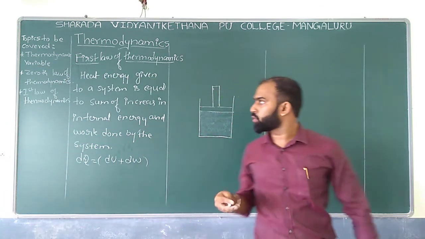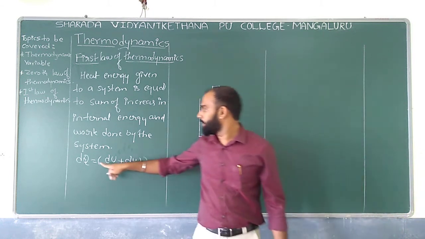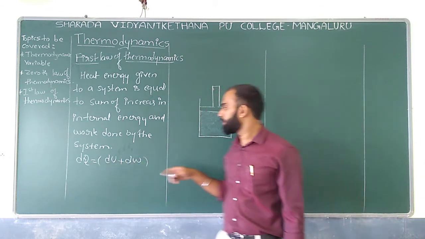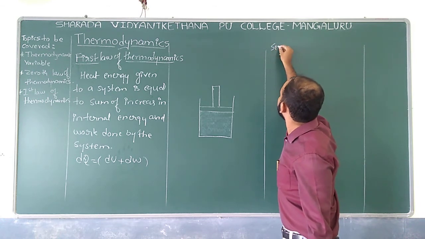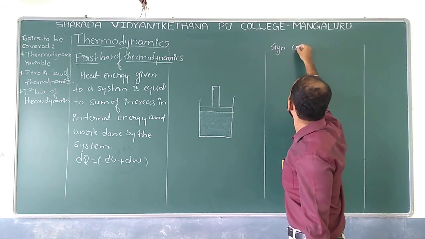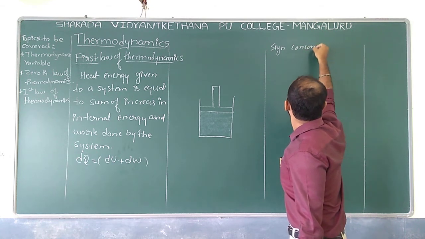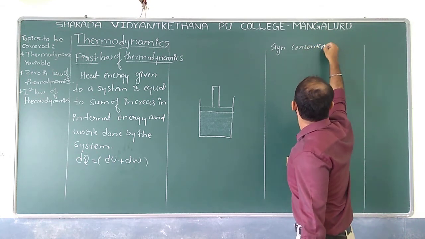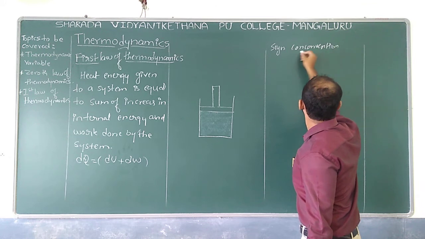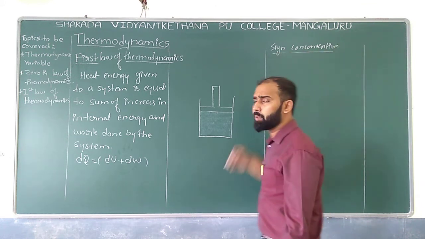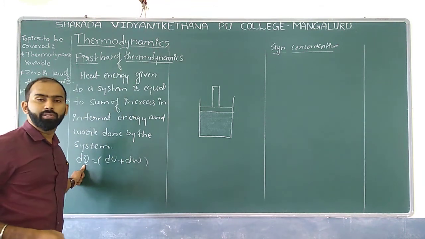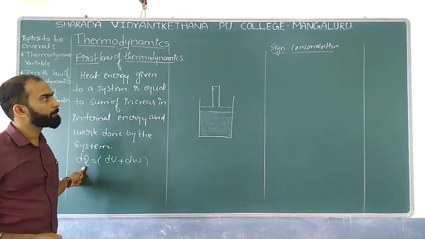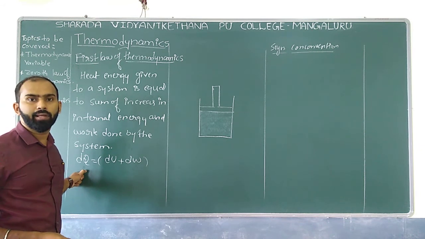And now we will get to know when dQ is positive and when dQ is negative in terms of sign convention. What do you mean by sign convention? You will get to know, and especially this is used while solving numericals as well.